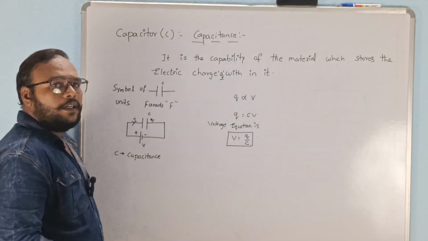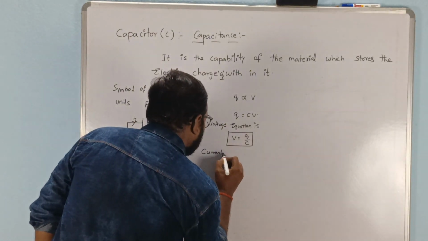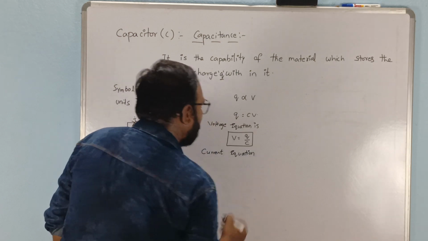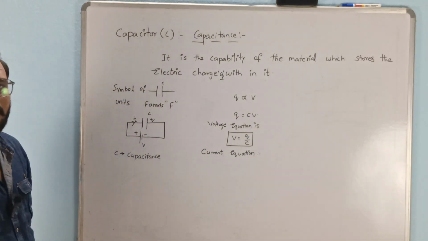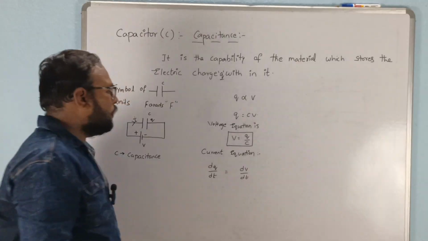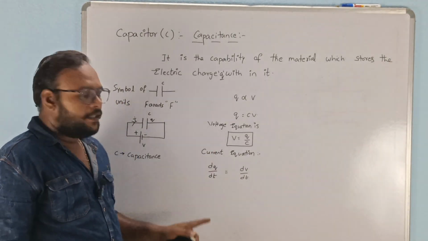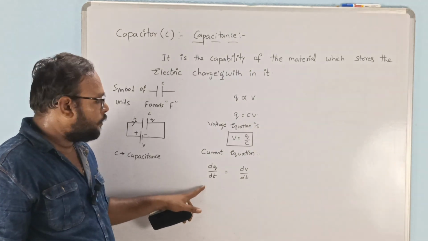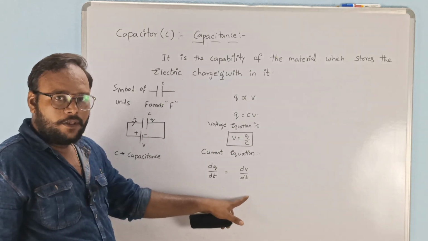Now we go for the current equation. Let us consider a small current flowing through the circuit. The rate of change of charge with respect to time is due to the rate of change of voltage with respect to time.